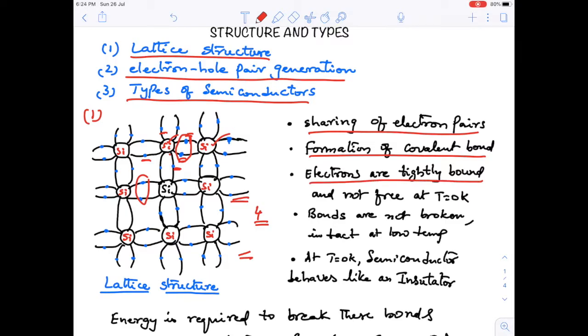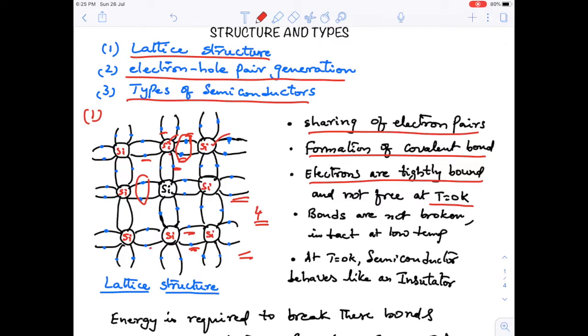So these are all tightly bound because of the strong covalent bond, and they are not free at low temperatures or at absolute temperature. That means T is equal to 0 Kelvin or at very low temperatures. So what does that mean?